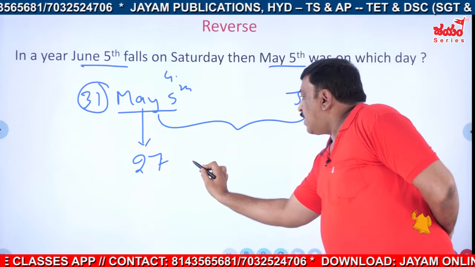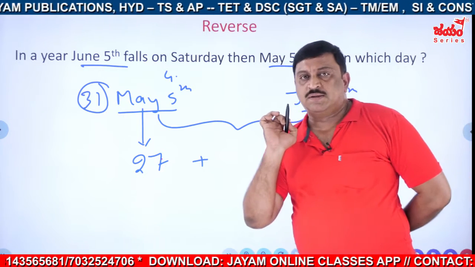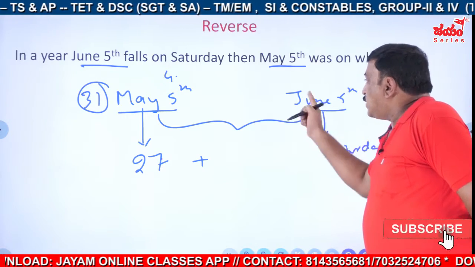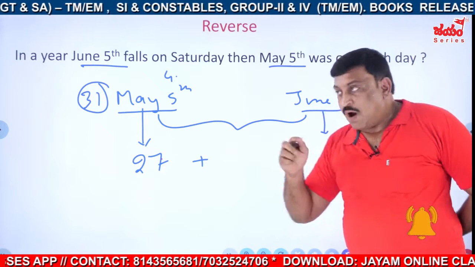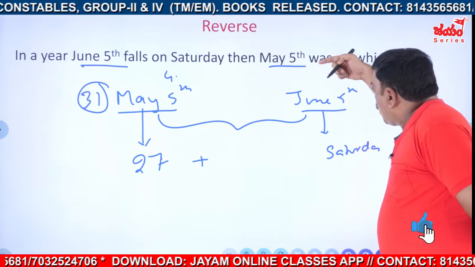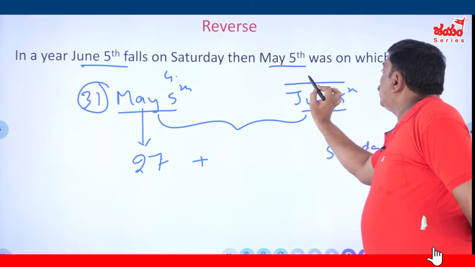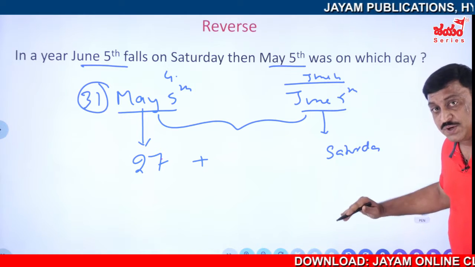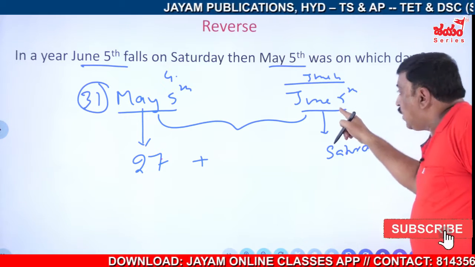Now 27 plus, I am going with the same logic, code plus or minus odd days. Again, in June, you have to count 5 days, up to June, including this one.